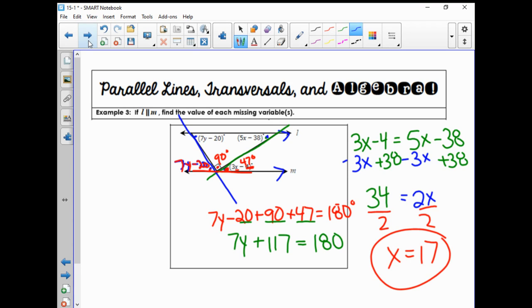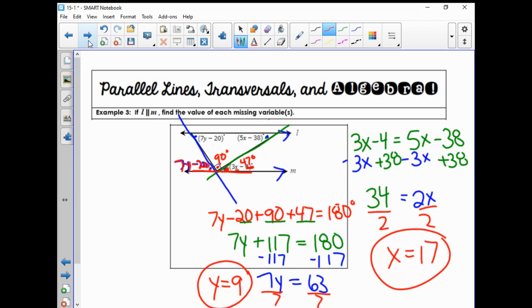So we're on the right track so far. Let's subtract 117 from both sides. 7y is equal to 180 minus 117, 63. We can divide by our 7 right here, and 1y, or just y, is equal to 9.